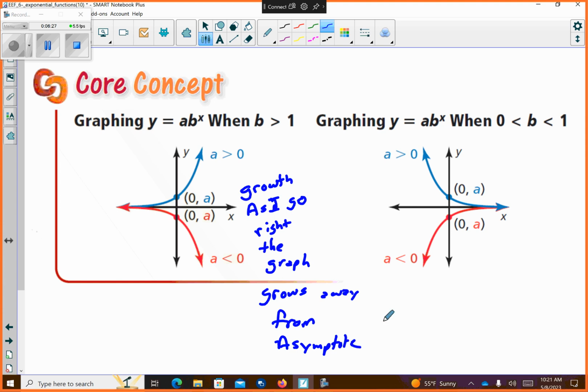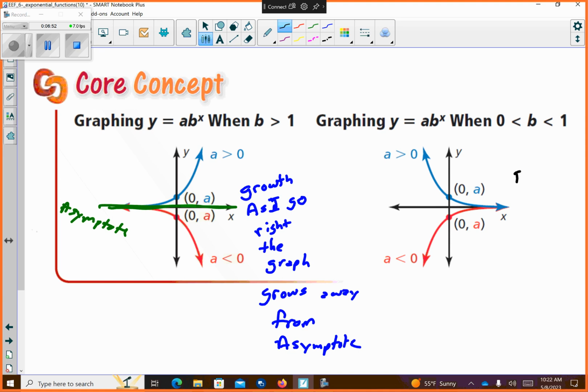Okay, so right now, this line right here is the asymptote. It's also the x-axis in this case. As I go to the right, as it grows away from the asymptote, that means it's growth.